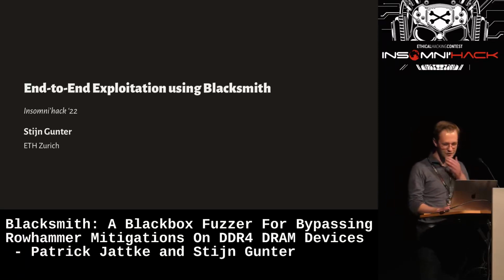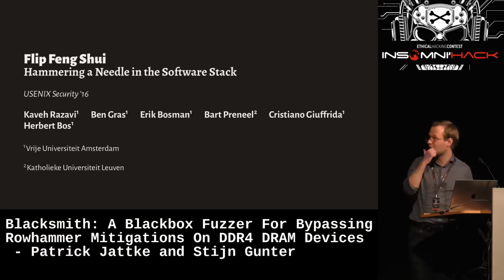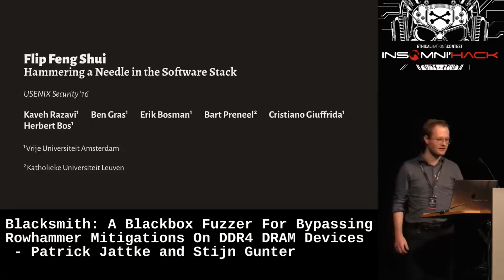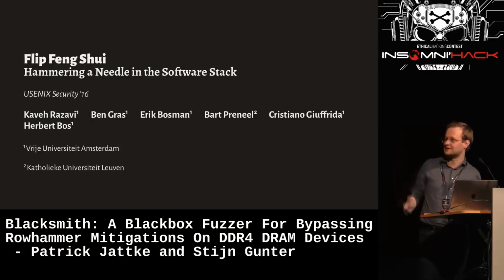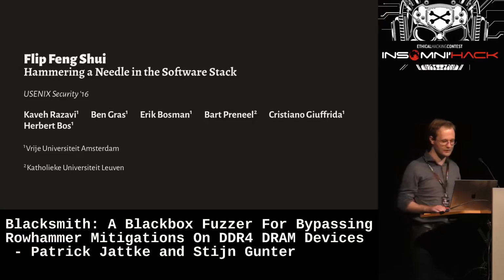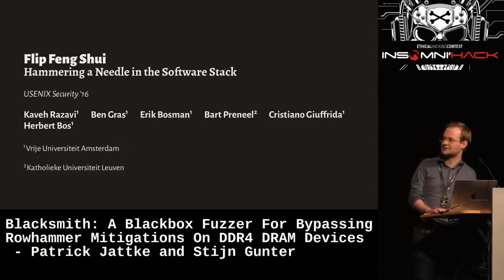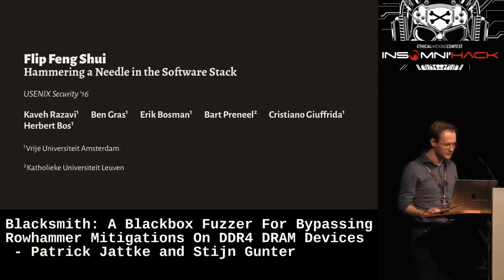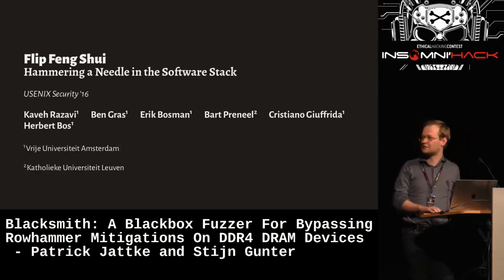What I'll be doing in the remainder of this presentation is showing you one example of one such attack. You may have briefly seen this also highlighted in the evaluation of Blacksmith, but this concerns a paper, Flip Feng Shui: Hammering a Needle in a Software Stack. It was first introduced in 2016 by Kaveh and Ben Gras, among others. Kaveh is a member of our group.